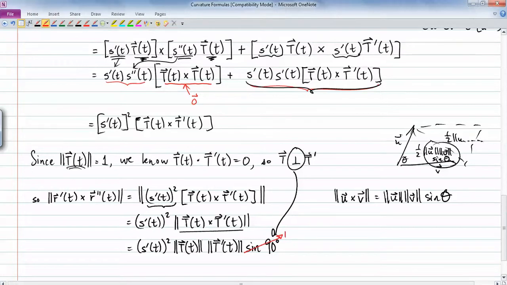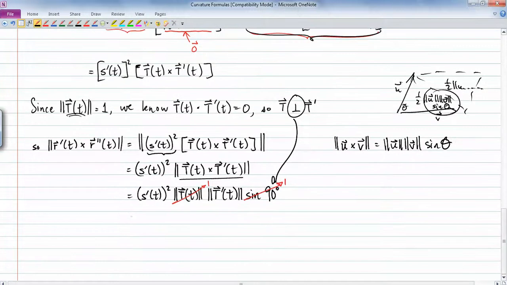The unit tangent vector is a unit vector, so its length is 1. And so all I'm left with is s'(t) squared times the magnitude of T'(t).